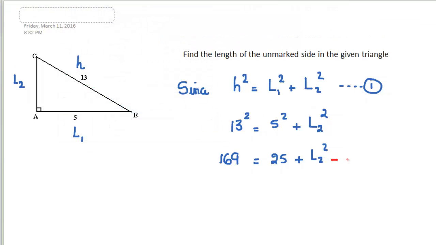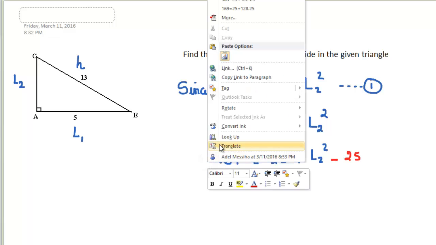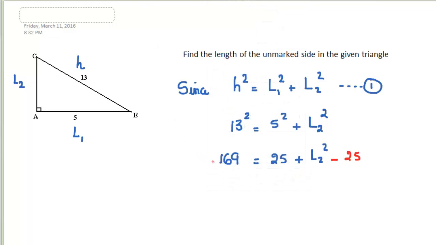I need to isolate leg 2, so I'm going to remove 25 from here. Whatever I do to the right side, I have to do to the left side. That means I will add negative 25 to both sides. So 25 with negative and positive becomes a zero pair.